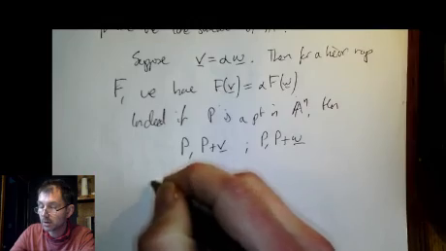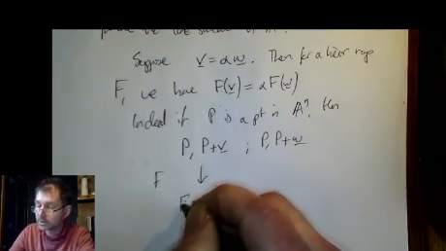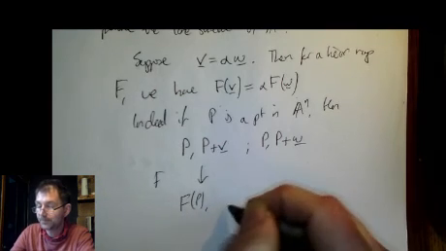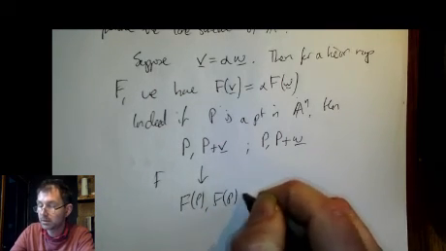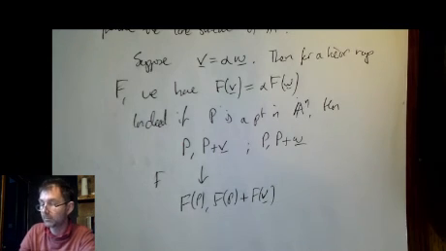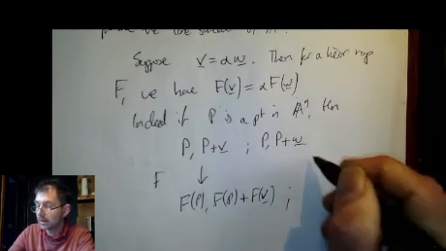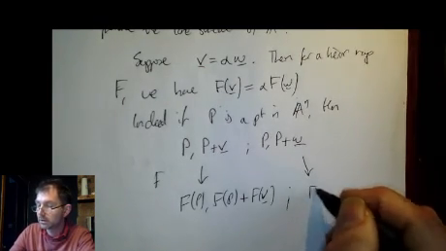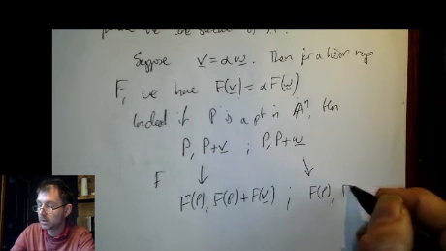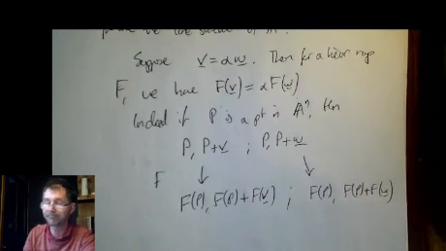So these go under F to line segments FP to FP plus FV, again using the fact that F is a linear map here, and similarly to FP and FP plus FW.